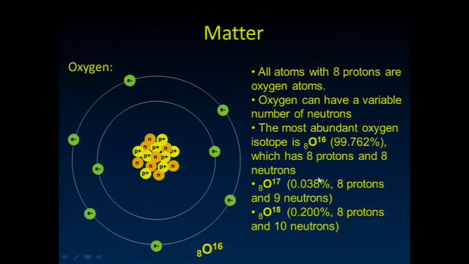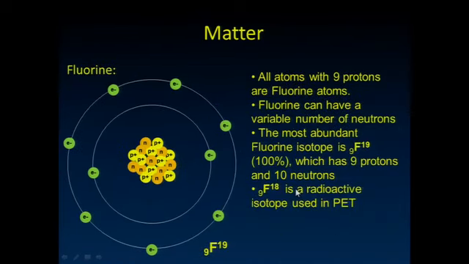And a very small percentage of naturally occurring oxygen is in those two forms. So O17 has 8 protons and 9 neutrons, O18 has 8 protons and 10 neutrons. As a matter of fact, you can use O18 to make F18, which we're going to use to image in PET. And all you need to do is go out, and there's plenty of seawater out there, right? And 0.2% of it is in the form that we would need to do that.